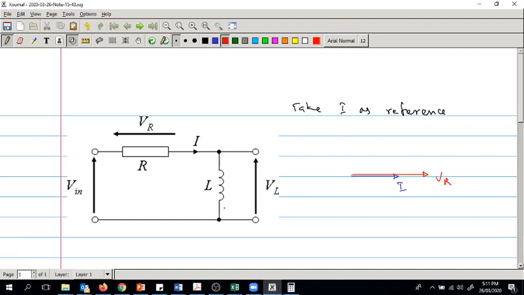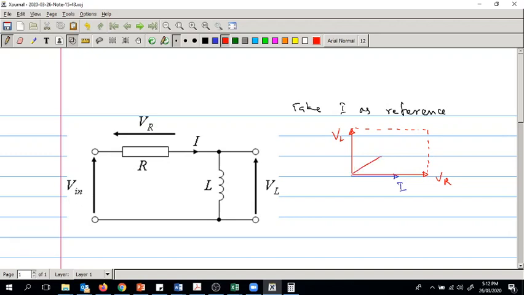For the inductor VL, VL is leading by 90 degrees, so therefore it should be drawn like this. So this is VL. Now what is V in? You can use the vectors, right? So VR plus VL is our V in.